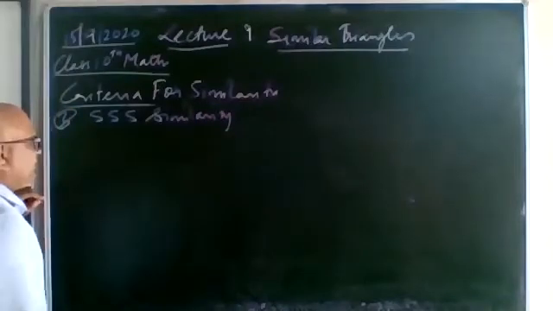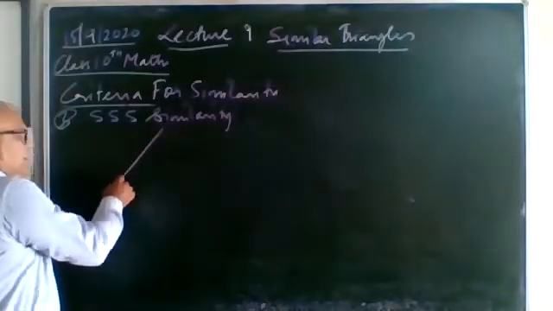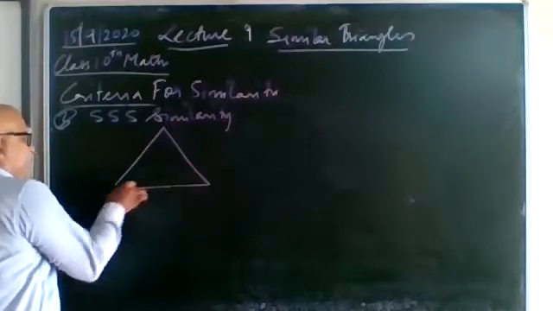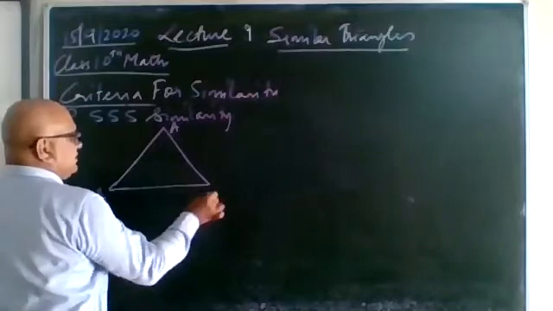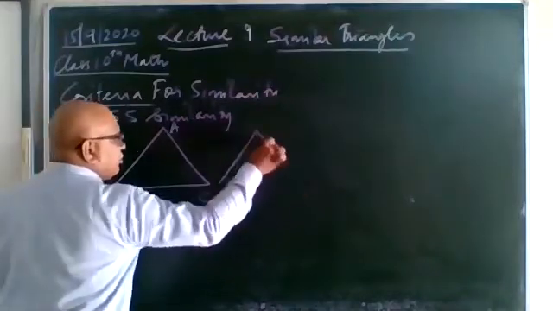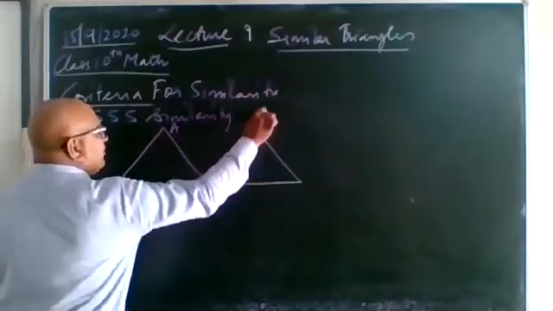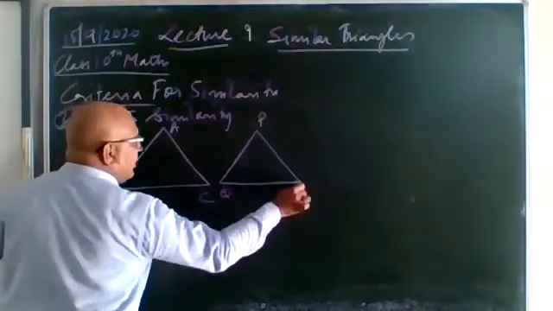SSS similarity. In this, what you have to do? Here, two triangles are given, ABC and PQR.